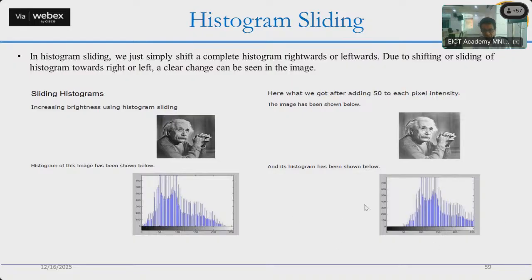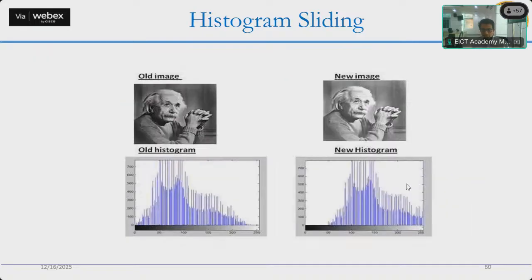What is the change in terms of the histogram that you can see? The histogram of this image is shown here, and the histogram of this transformed image is shown. That is basically the slide. This is the old image here, and this is the new image here.